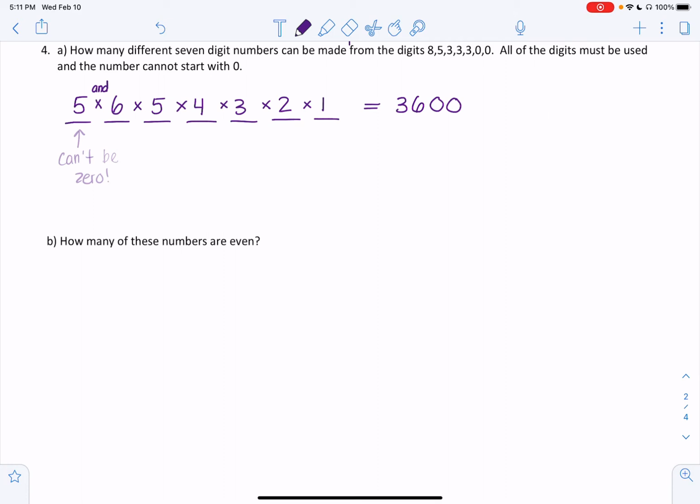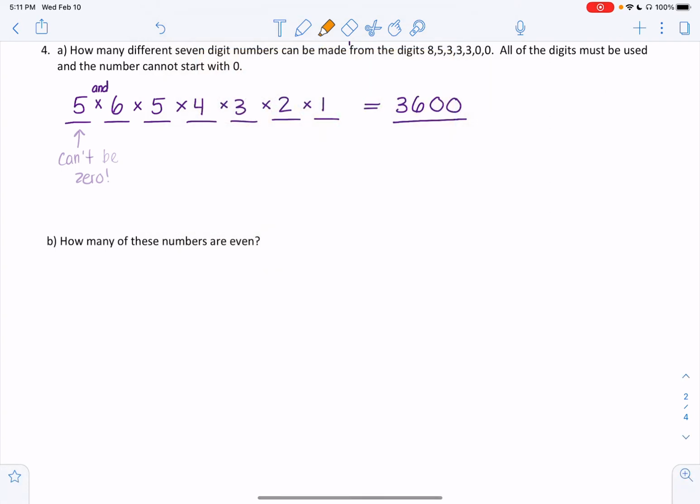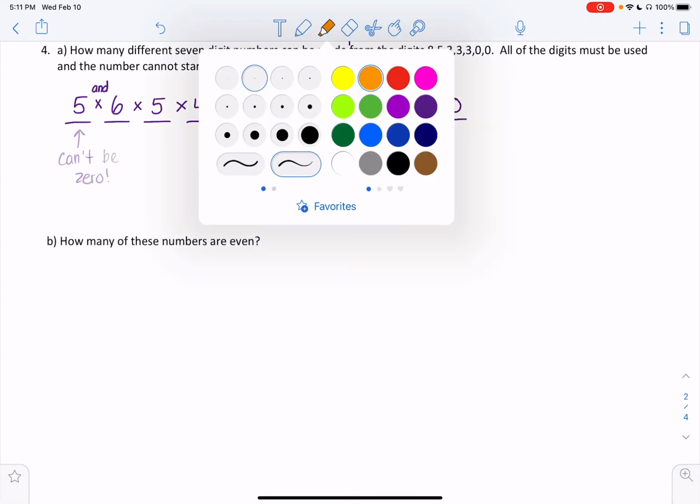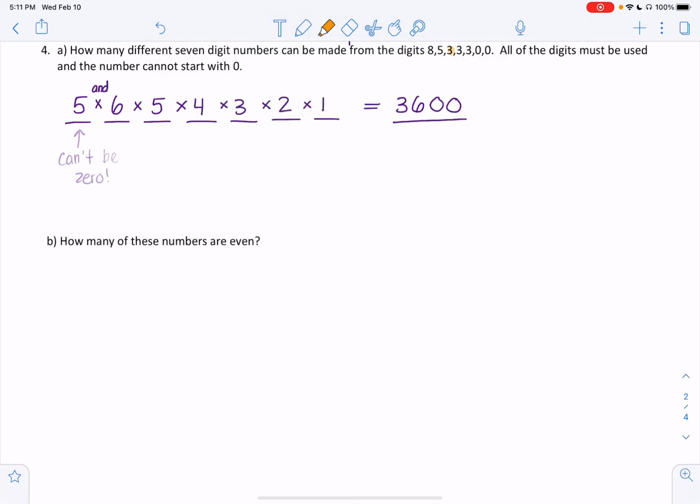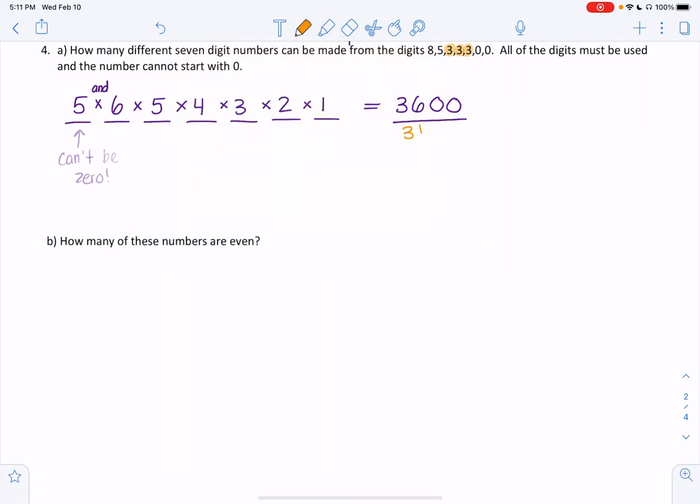Now we must account for any identical items. So I'm going to divide and identify my identical items. If I look at my numbers, I have these 3s here: 1 three, 2 threes, and 3 threes. So I'm going to divide by 3 factorial to account for the fact that there are 3 identical 3s.